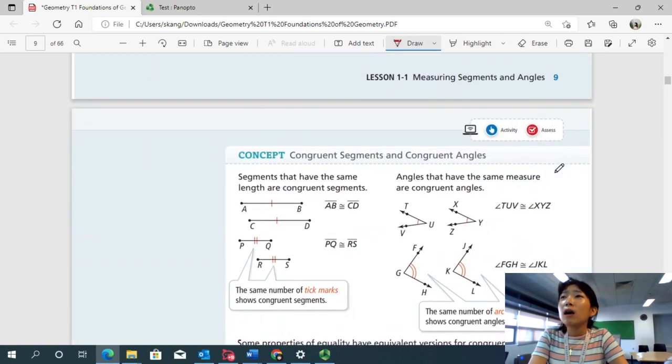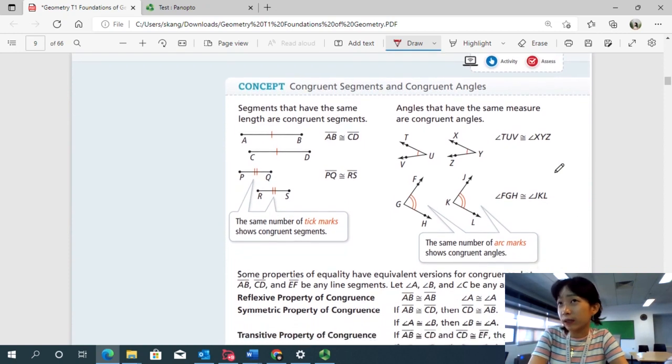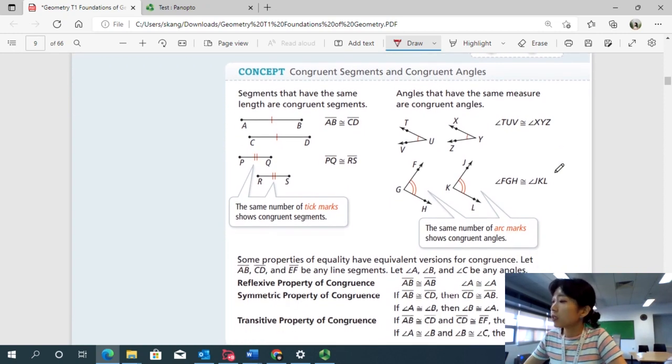Alright, I know this is a lot of concepts and examples for the first lesson, but this should be the last one. The last concept, congruent segments and congruent angles. Segments that have the same length are congruent segments. Okay, obviously. If they have the same length, they're called congruent.